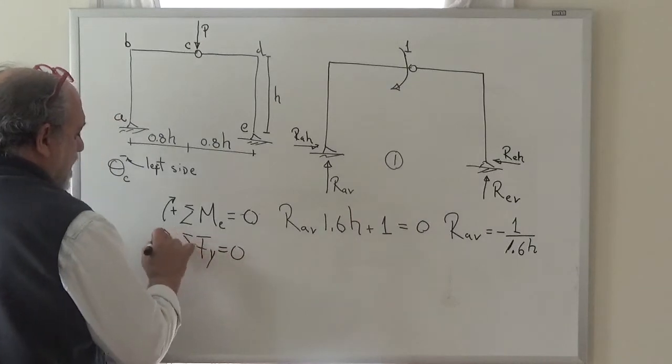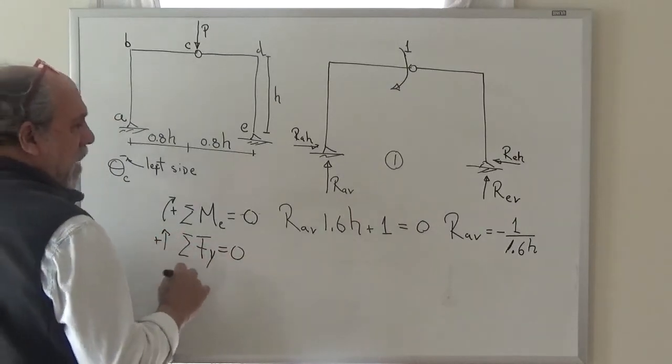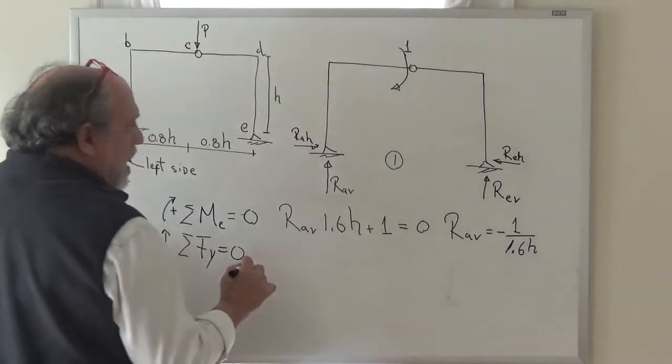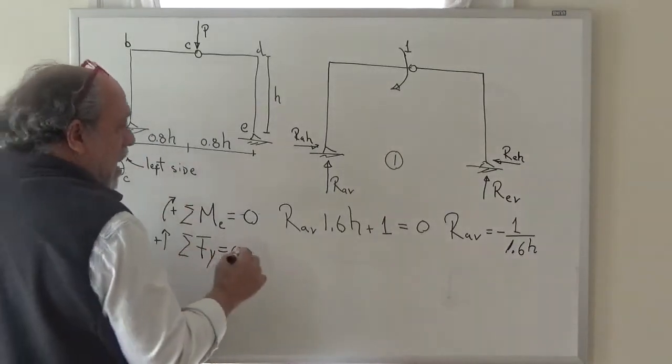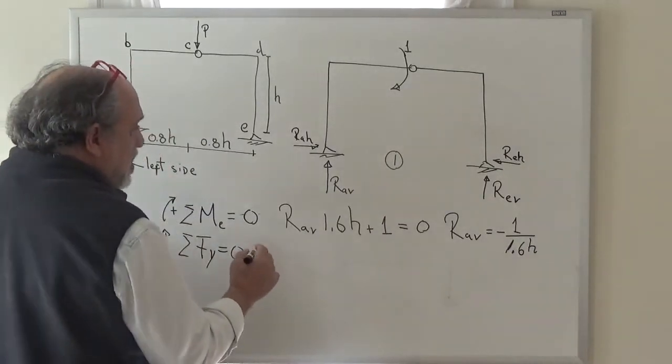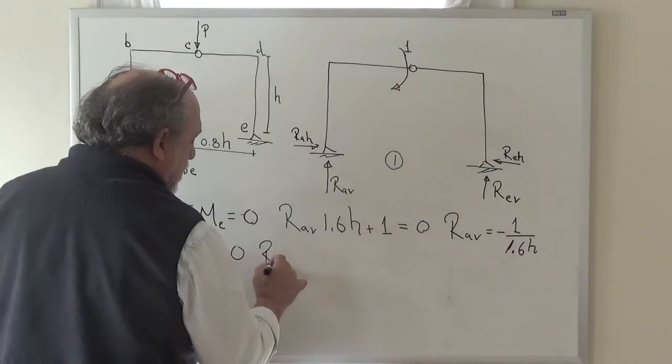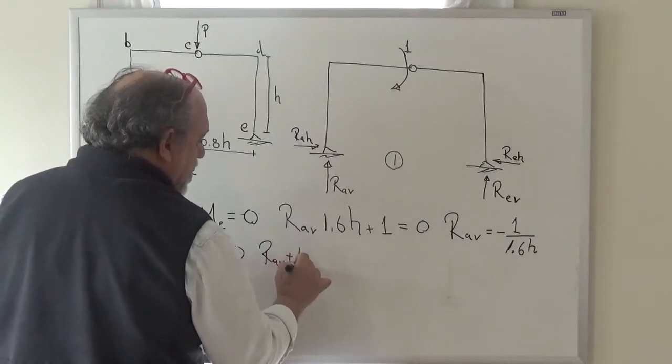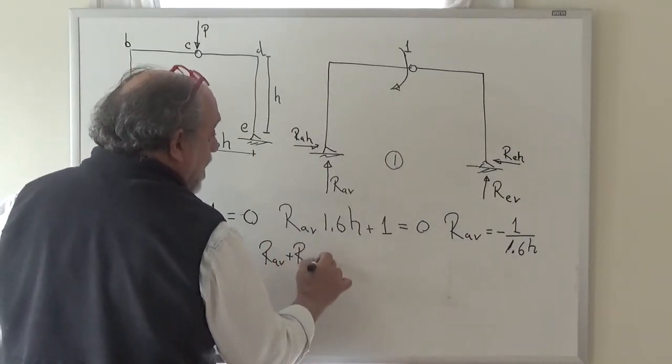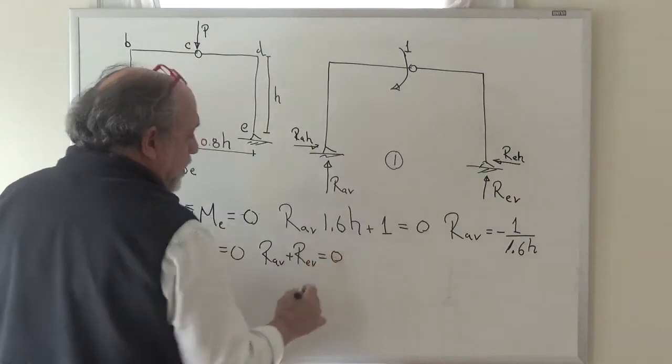Now, we can then do sum of the forces in the y direction equal to 0, taking upwards as positive, and we will have that RAV plus REV must be equal to 0.